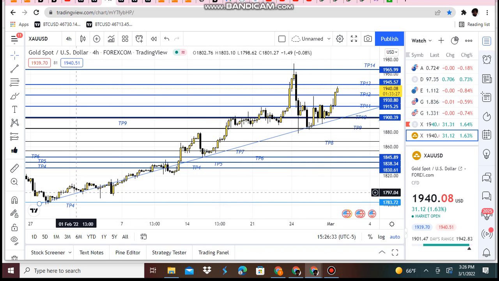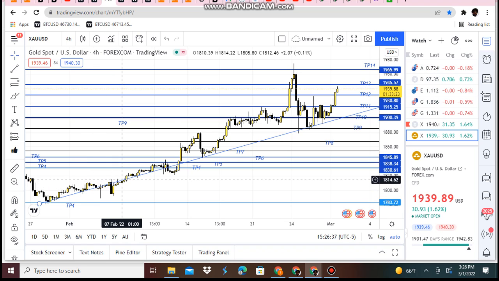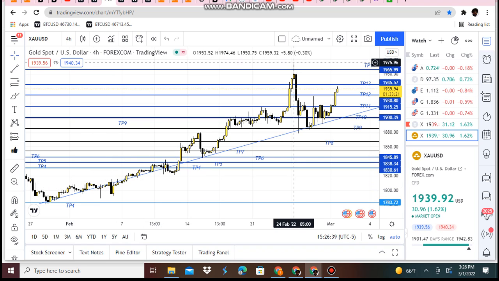You can see on the 4 hour we've been in an uptrend since February 1st, February 2nd, third. We've been in an uptrend since price went all the way up to 1974, February 24th, 2022, and it made a higher low February 24th, 2022 as well, going to February 25th, 2022.